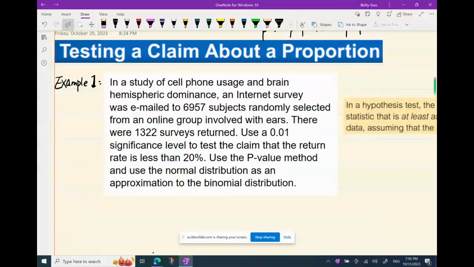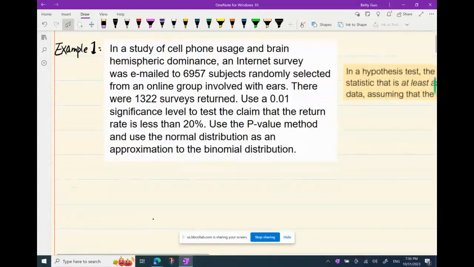Use a 0.01 significance level to test the claim that the return rate is less than 20%. Use the p-value method and use the normal distribution as an approximation to the binomial distribution. Okay, so that's the content of this problem.